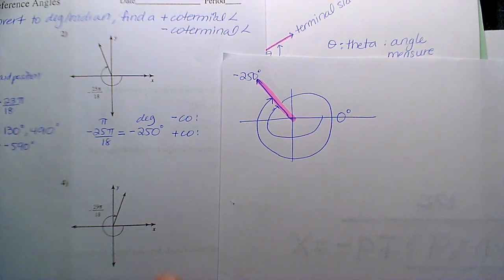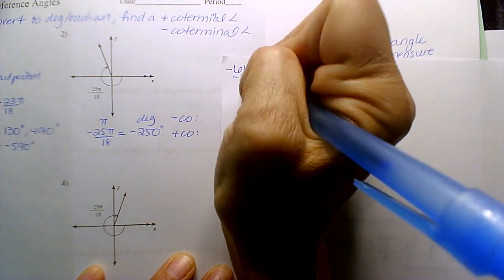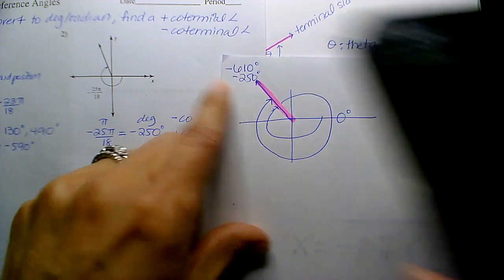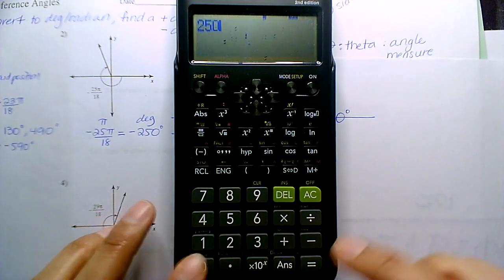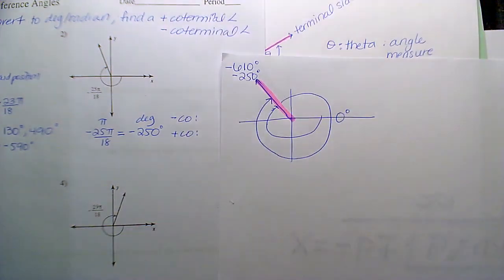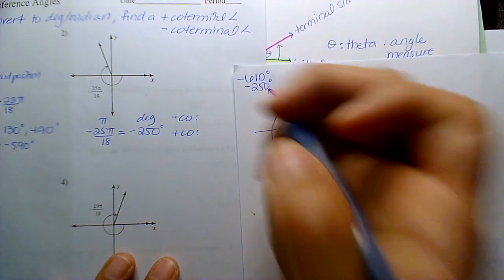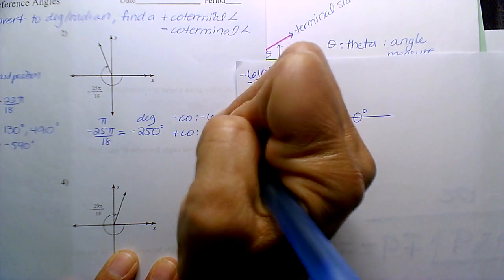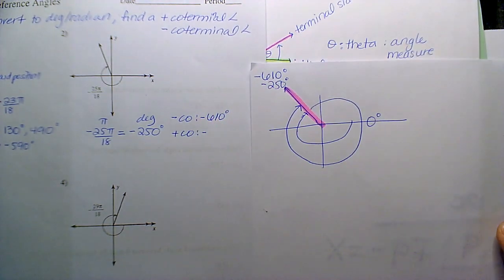Yeah, negative 610 degrees, because if you're going another revolution, remember 360 is one revolution all the way around, right? So my negative would be negative 610 degrees.